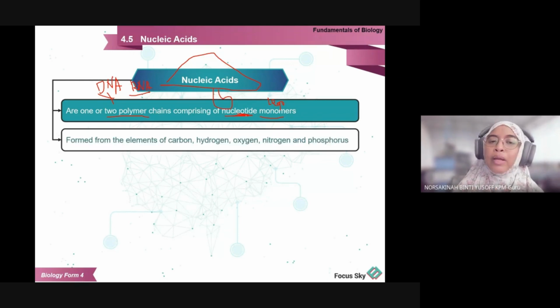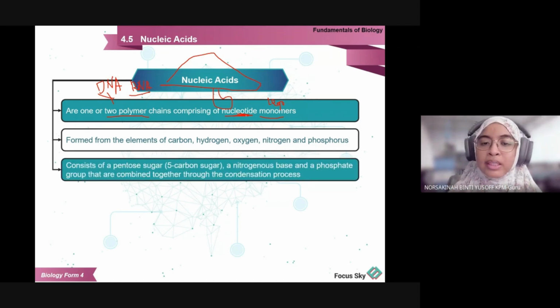Now, what makes nucleic acid is the elements carbon, hydrogen, oxygen, nitrogen, and phosphorus, CHONP. And the nucleotide is composed of three ingredients.